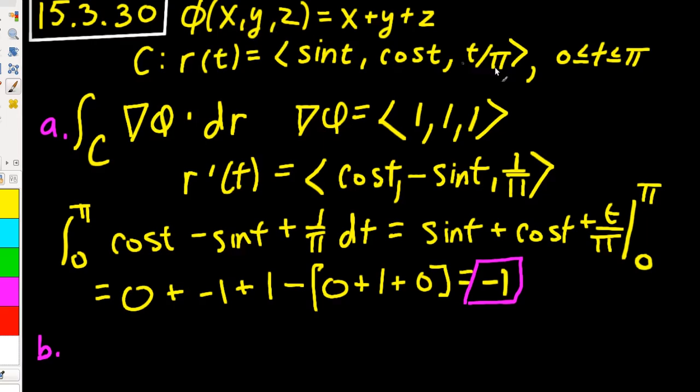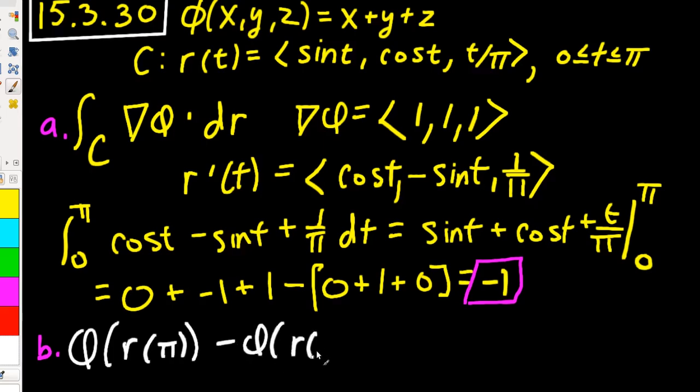So we're just going to plug 0 and pi into this curve, and then plug those 2 points into phi. So this is going to be phi of r of pi minus phi of r of 0.